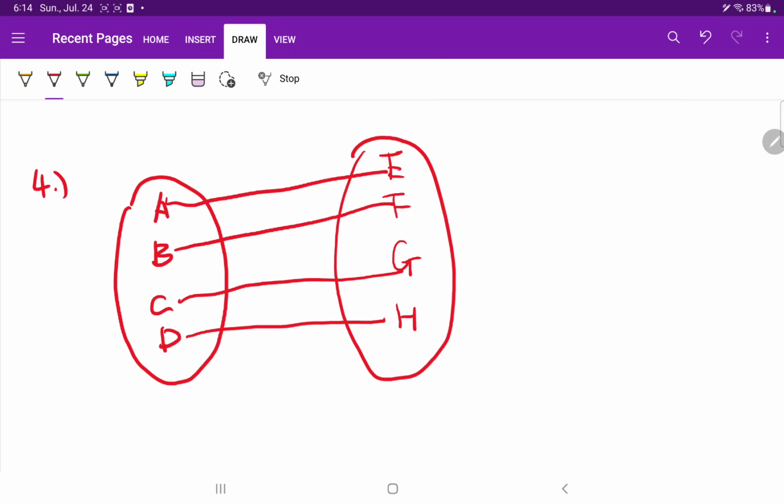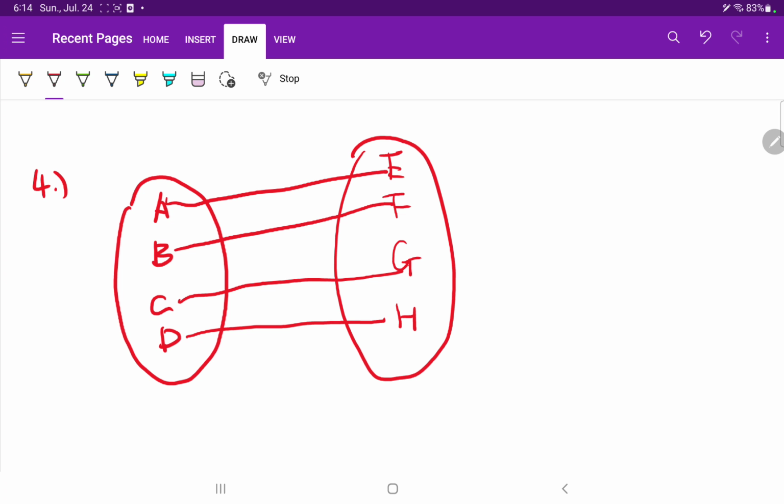Our last example says that you can see A, B, C, D are corresponding to E, F, G, H. Okay, so what is this? This is bijective. Why? Because it satisfies both the definition of an injective function and a surjective function. An injective function says that every element y in our codomain B must have at most one corresponding x.